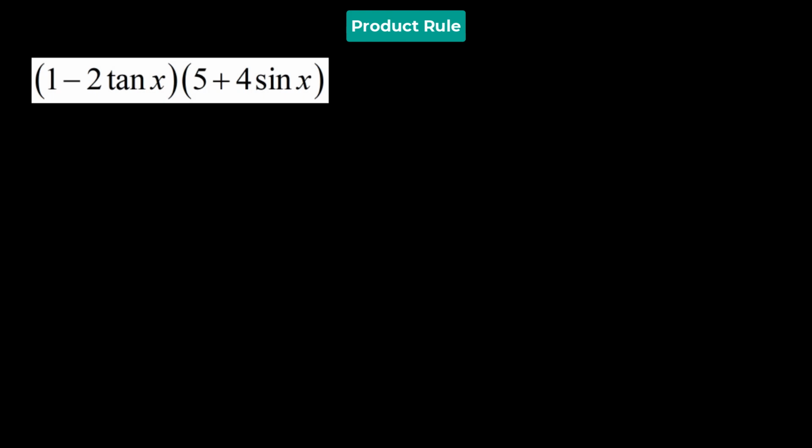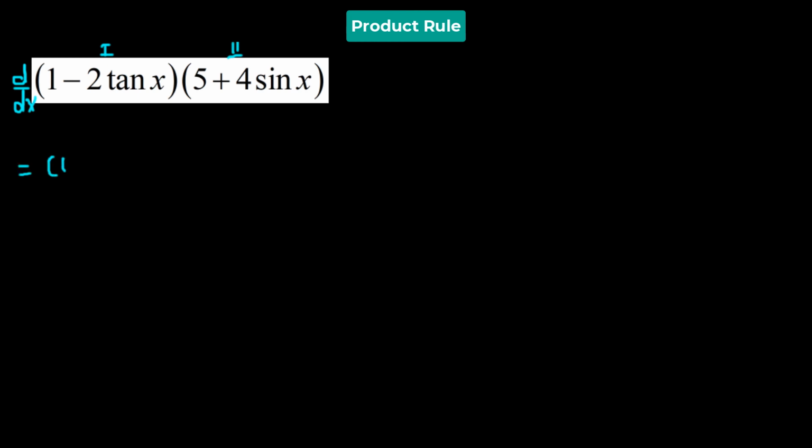So here we have 1 minus 2 tangent of x multiplied to 5 plus 4 sine of x. So we have to determine the derivative of the given function with respect to x. So we treat 1 minus 2 tan x as the first function and 5 plus 4 sine x as the second function.